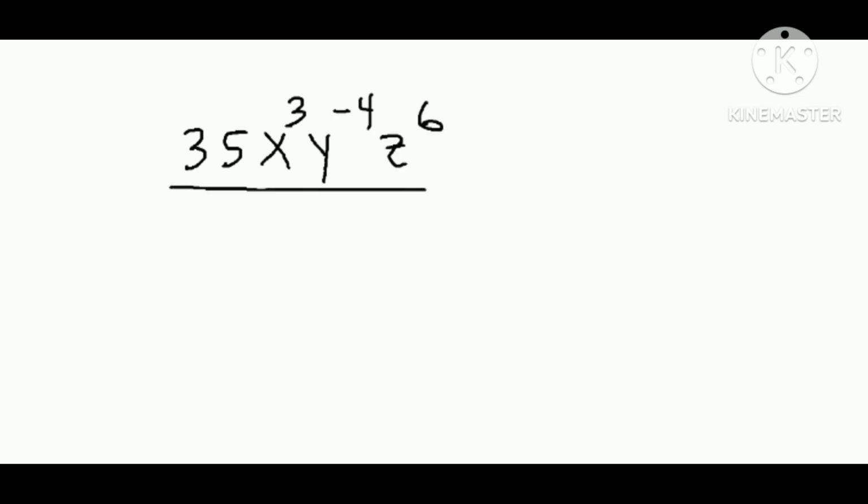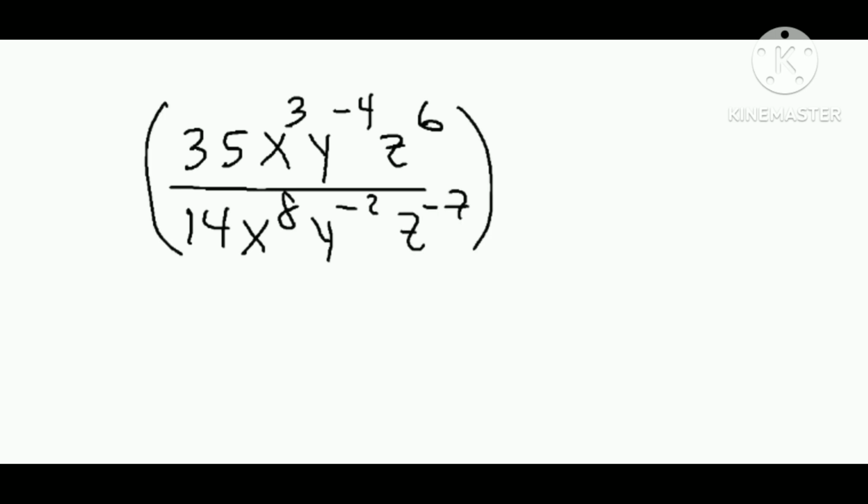Now let's say we have 35x to the third power, y to the negative fourth, z to the sixth power, divided by 14x to the 8, y to the negative 2, and z to the negative 7, all raised to the second power.